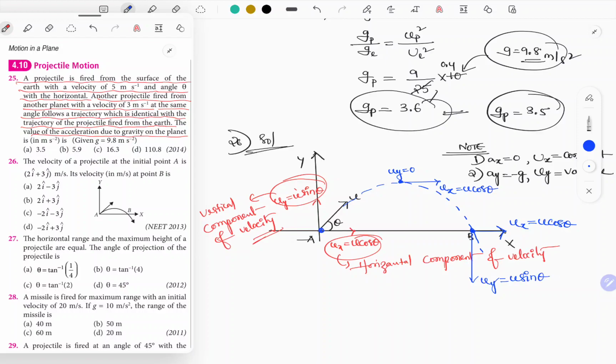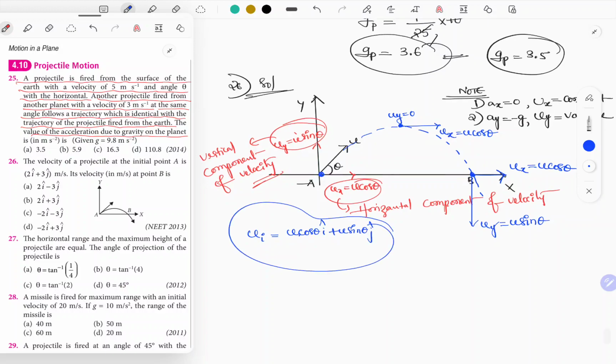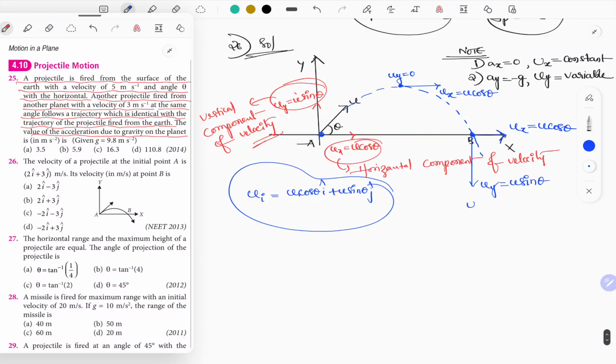So if you observe here, the velocity with which the object is being projected, that is the initial velocity, is equal to u cos theta i cap plus u sin theta j cap. This is the velocity with which the object is being projected. The final velocity with which it is going to hit the ground is represented as v final.